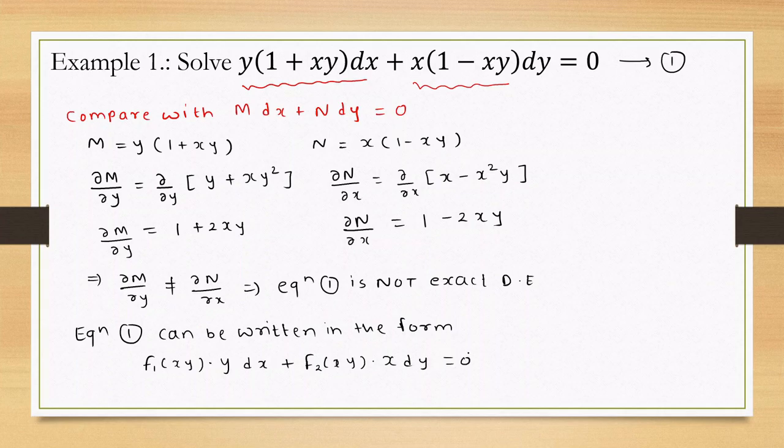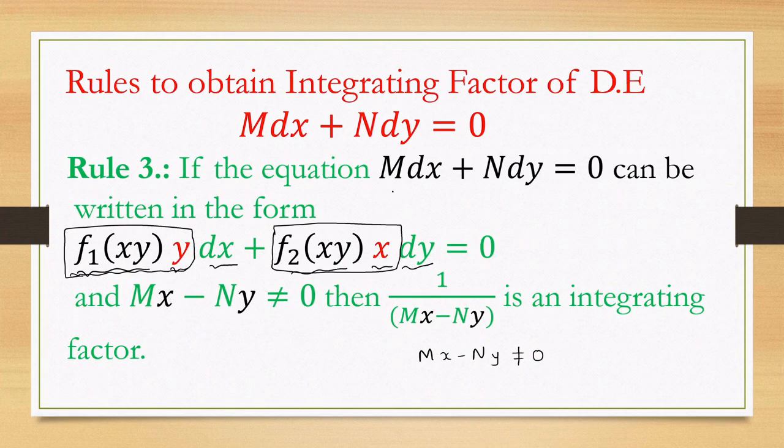So look at rule number 3. We can write M dx plus N dy is equal to 0 as a function of xy into y dx plus a function of xy into x dy is equal to 0. Then the integrating factor in that case is 1 upon Mx minus Ny. Right?